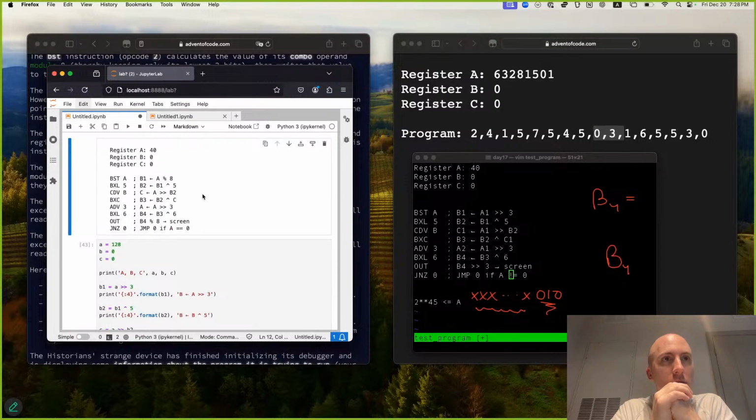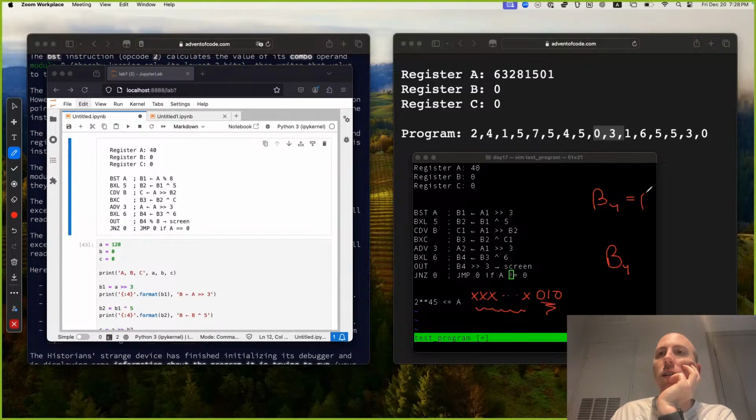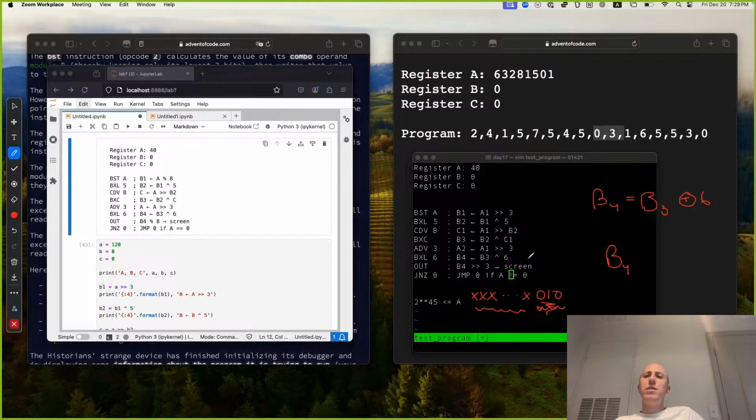So you have B4 is equal to B3 XOR with 6. Okay, and XORing with 6 is only going to mess with the bottom 3 bits. So okay, that's fine.